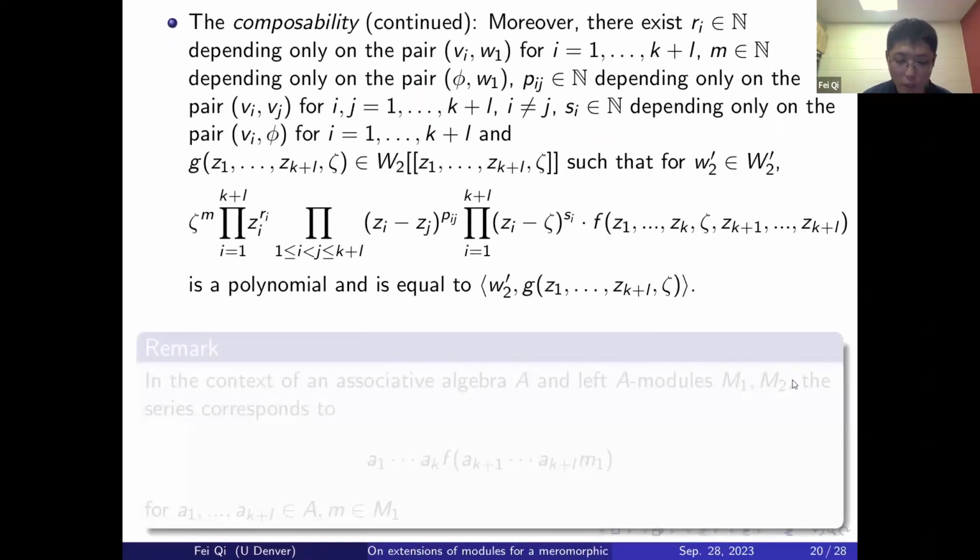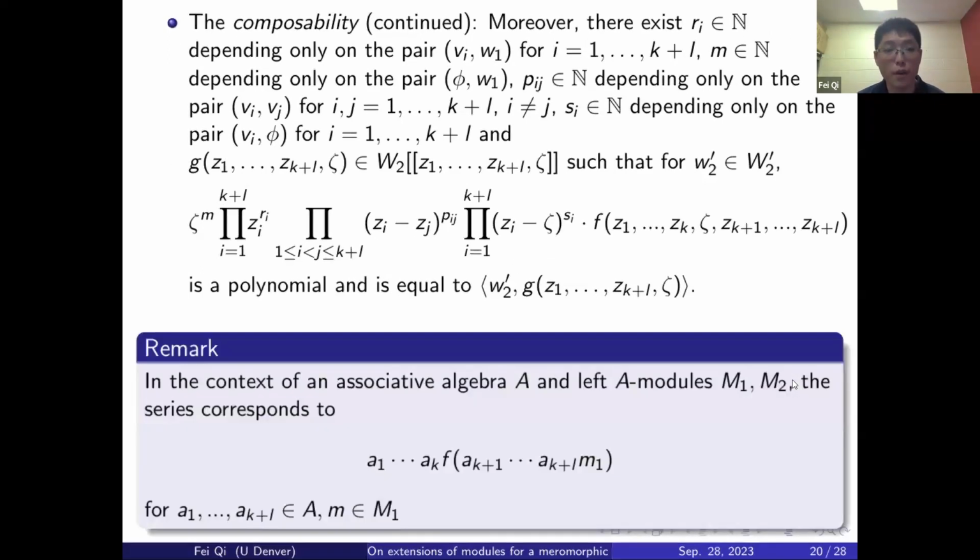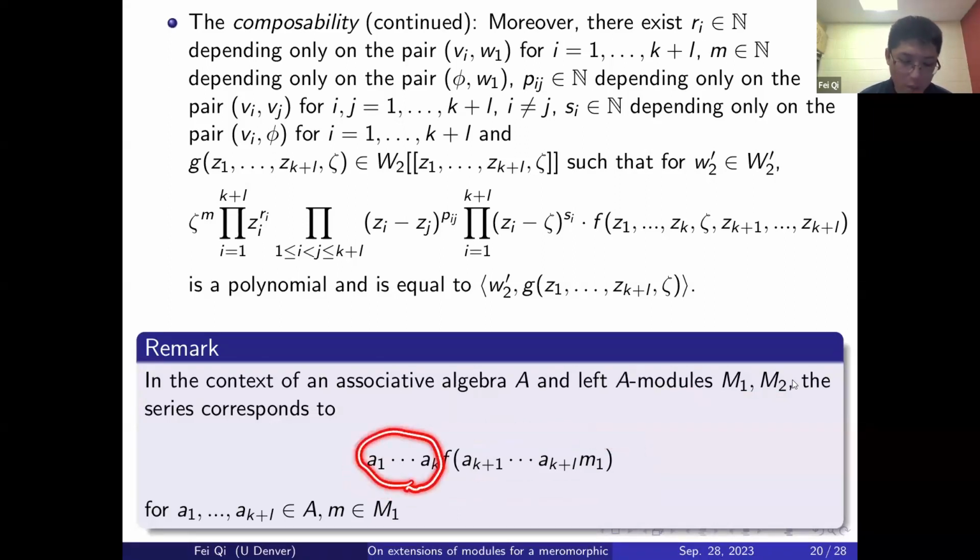But there are conceptual explanations for these complicated conditions. In the context of a vertex associative algebra and left modules M1 and M2, what we want are maps that make sense of any number of algebra elements acting from the left on the codomain, together with any number of elements acting on the domain.